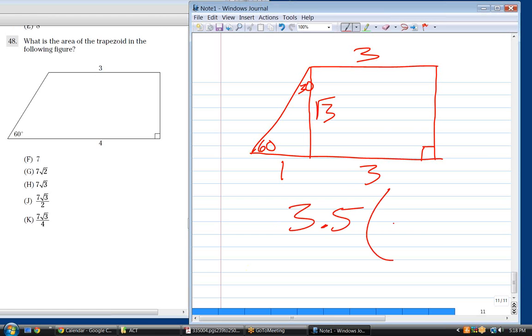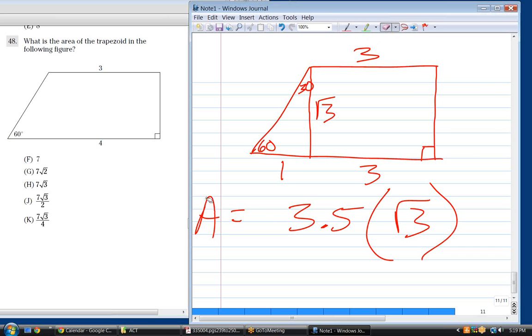And the vertical height is root 3. So the area of that trapezoid is that, which is J. Notice that 3.5 is the same as 7 over 2.